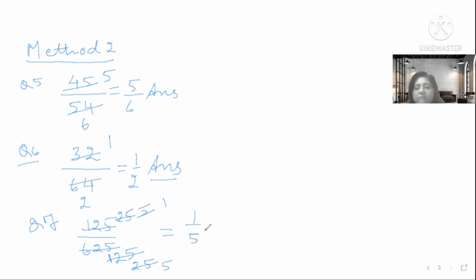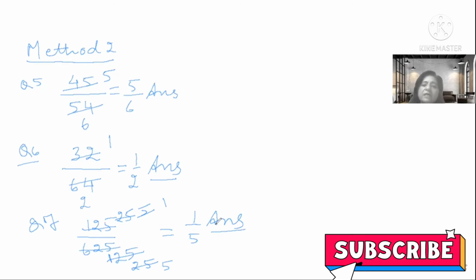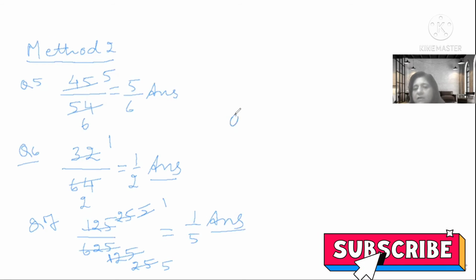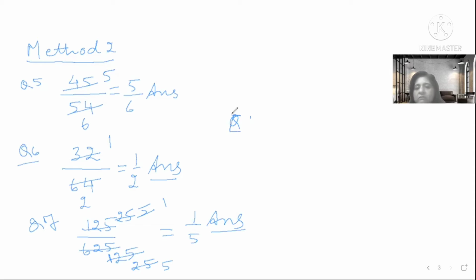So again we can cancel. 5 ones are 5 and 25 divided by 5, we get 5. So what is the simplest form? That is 1 by 5. So this is the final answer.